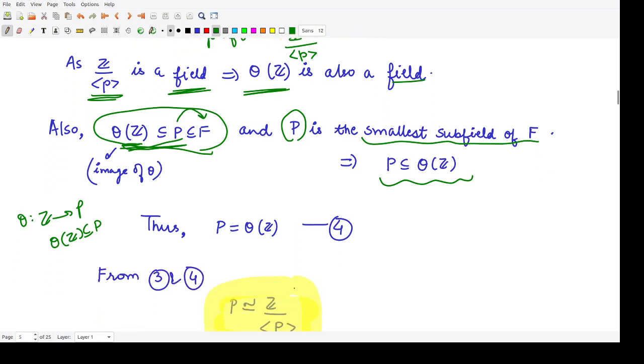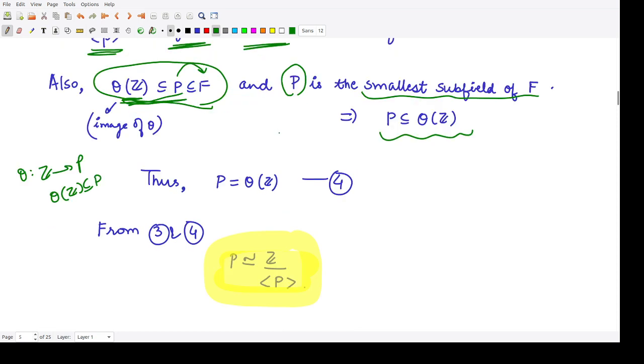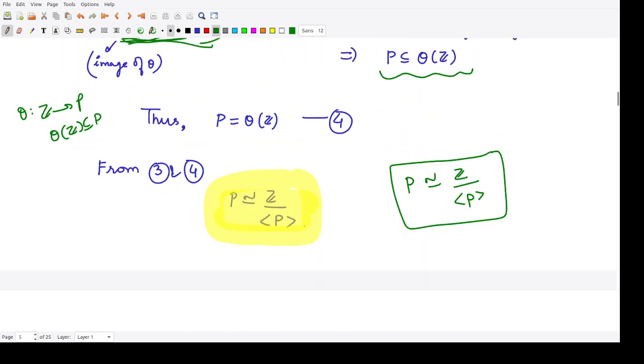And what was theta of Z? Theta of Z was nothing but Z divided by the ideal generated by P. Therefore, we can write this P to be isomorphic to Z mod the ideal generated by P. So this is the result that we have, and this is what we intended to prove here.